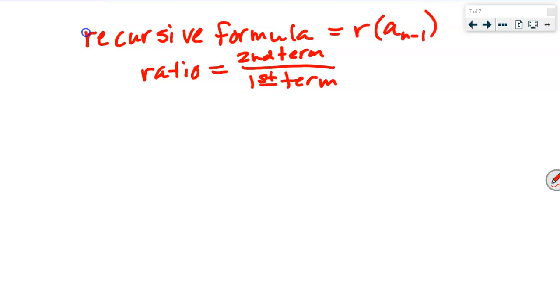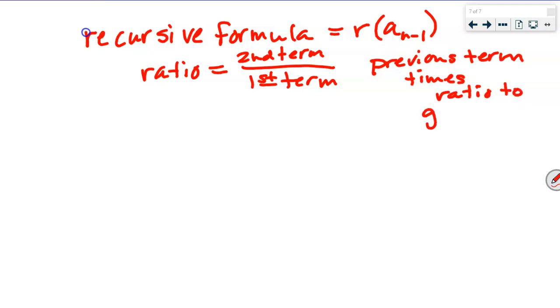What does that mean? That means for every term, we take the previous term and multiply it by our ratio to get the next term. That's what the recursive formula does for you. So you find the ratio and then you multiply it by the previous term to get the next term.